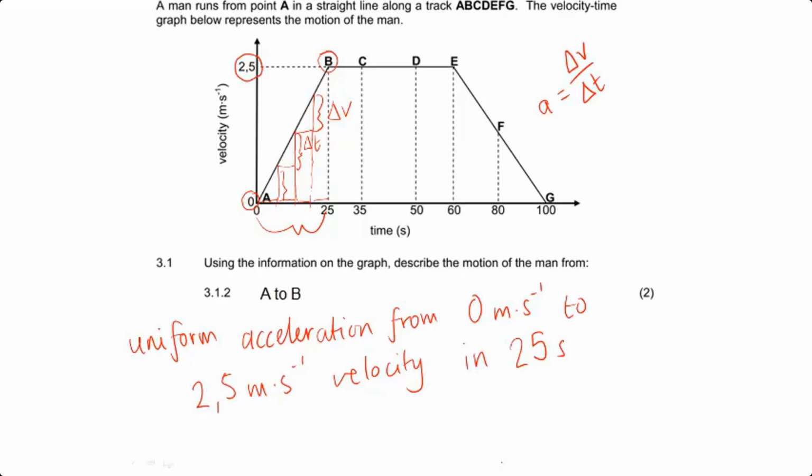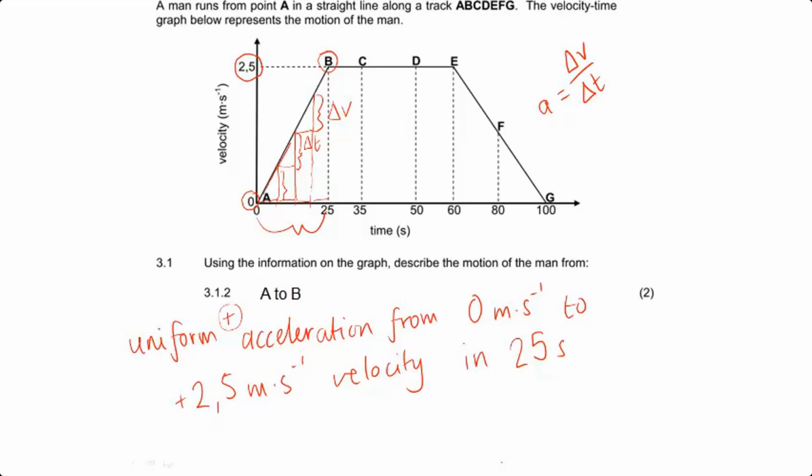We could also say that there's a uniform positive acceleration from 0 meters per second to positive 2,5 meters per second. By us writing 2,5, we are implying positive anyway, so it's not really necessary to say that, but let's just speak about that. There's a uniform positive acceleration. The gradient of a VT graph tells us acceleration.